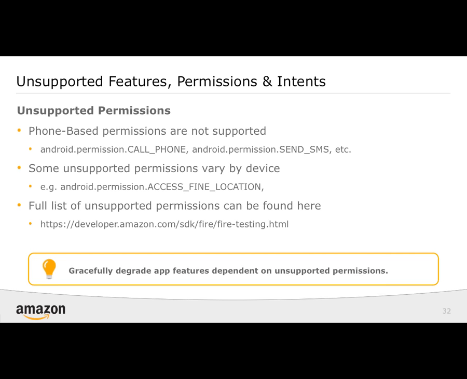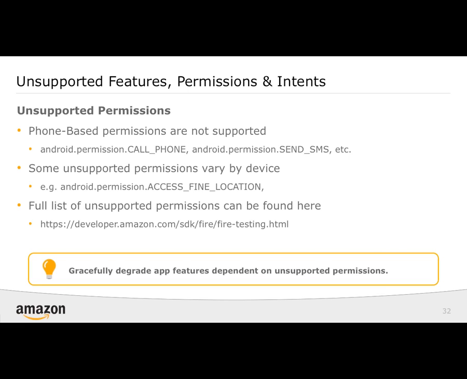The tablets aren't phones, so of course phone-based permissions aren't going to be supported. That is probably stuff that you're pretty familiar with, so make sure that you take advantage of that. One of the primary reasons that apps fail our testing is because they actually do try and use phone-based permissions and intents on the tablets.